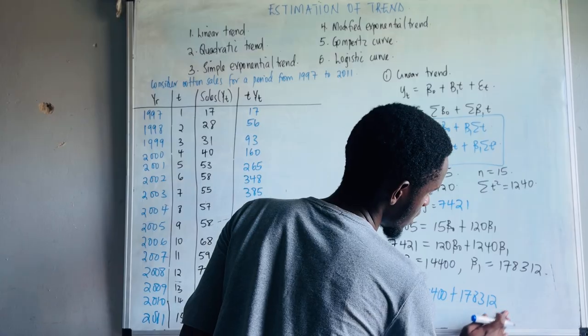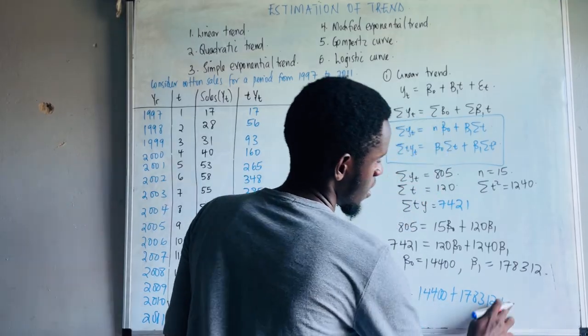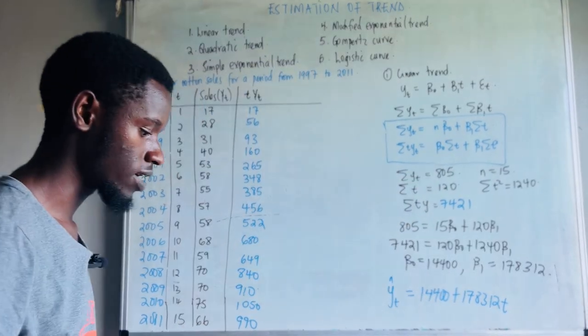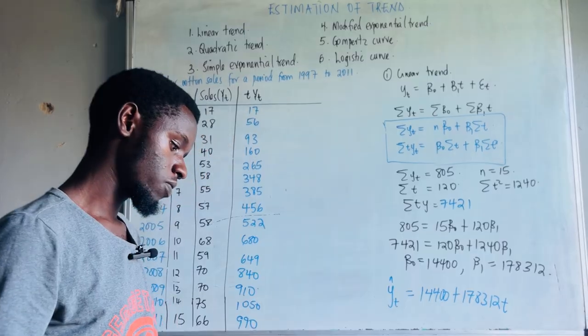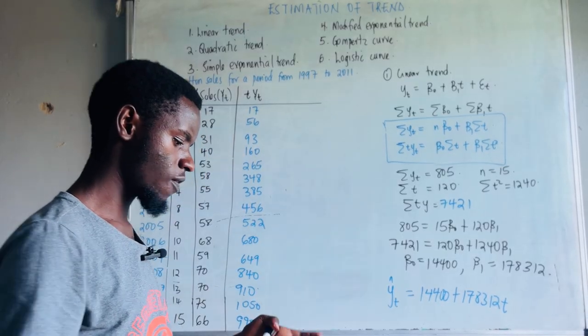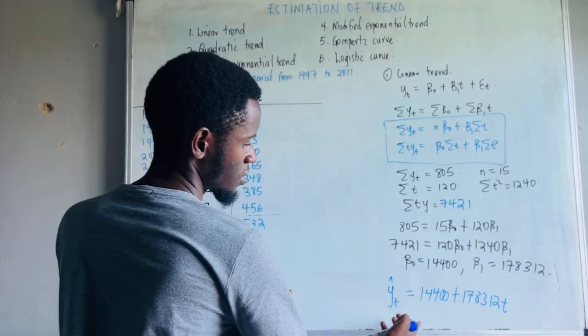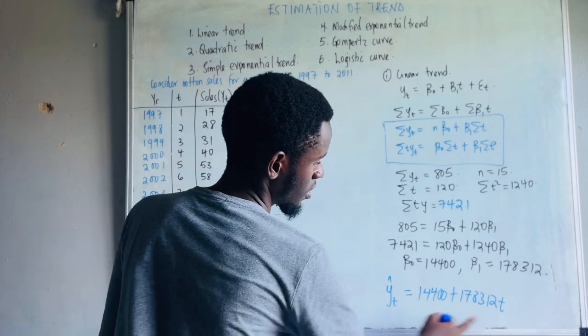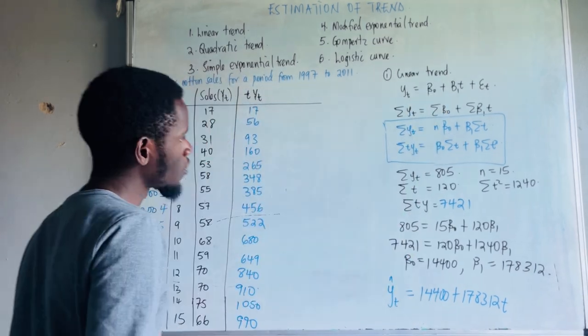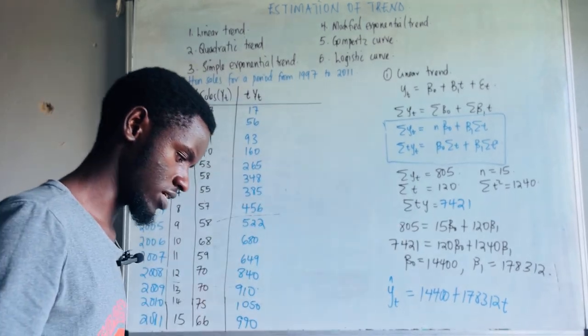Sorry, t, not beta. This is beta 1, then t. And that is our simple linear trend from this data set.